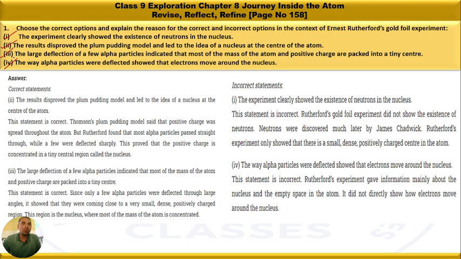So out of these four options, the correct two options are the second option and the third option. The second option is, the result disproved the plum pudding model and led to the idea of a nucleus at the center of the atom. The Thomson model of an atom is also called the plum pudding model.